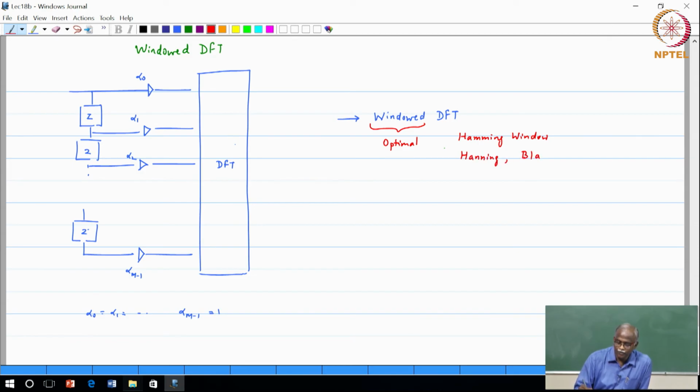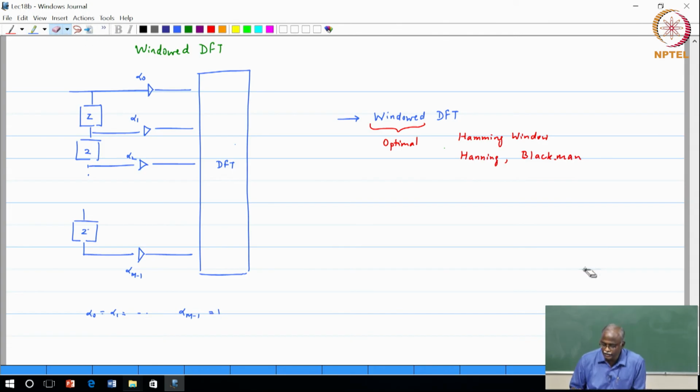These are all the commonly used windows because they want to increase the spectral resolution of the DFT, they want to minimize the spectral leakage. This solves the spectral leakage issue because you do not want a DFT coefficient far away from where the tone lies to actually give you values. So, that is what the windowing will do.